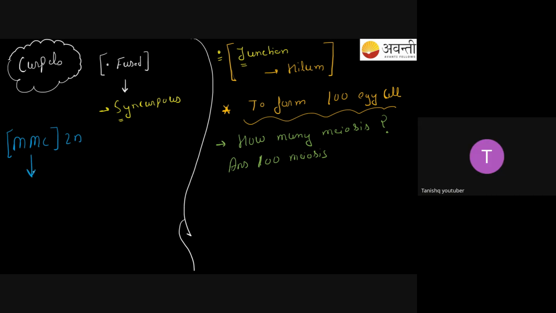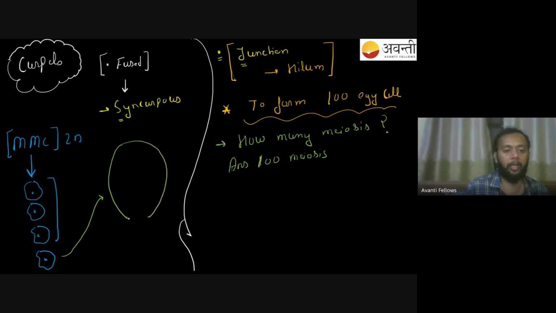Meiosis 1 and meiosis 2 will take place successively, and they will form 4 megaspores. One meiosis forms 4 megaspores, in which 3 will degenerate and only one will be left as a functional megaspore. In 100 meiosis, there will be 100 functional megaspores left. Each functional megaspore will develop into an embryo sac. Exactly, 100. Very good, that's true.